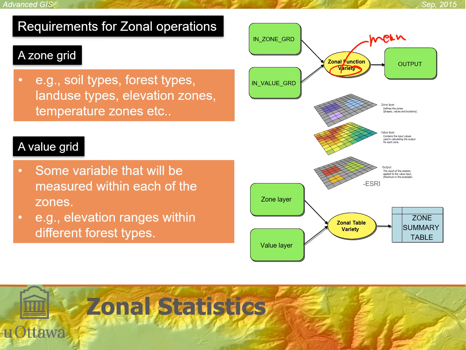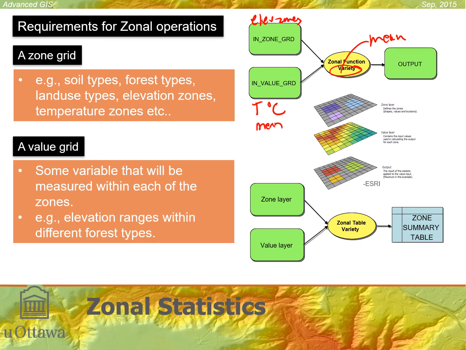Let's say the value grid was temperature. The zone grid might be elevation zones, and then we want to figure out the average temperature within each zone.